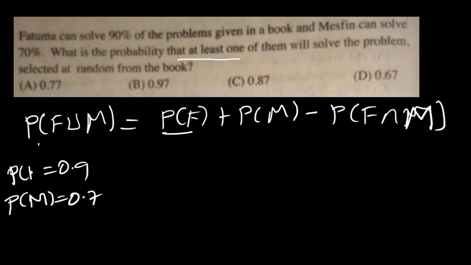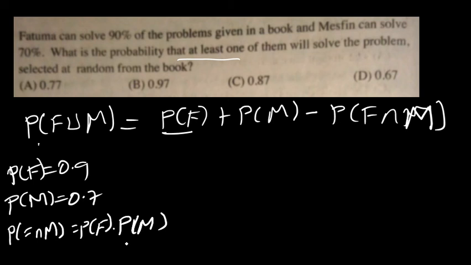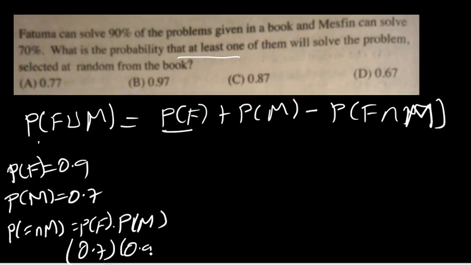And these two probabilities are independent, because they are doing it independently. So the probability of Fatuma intersection Masfin will be the probability of Fatuma times the probability of Masfin. So 0.7 times 0.9, when you multiply, is going to be 0.63.